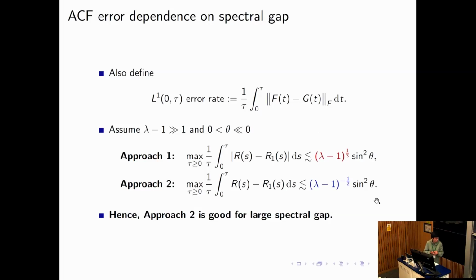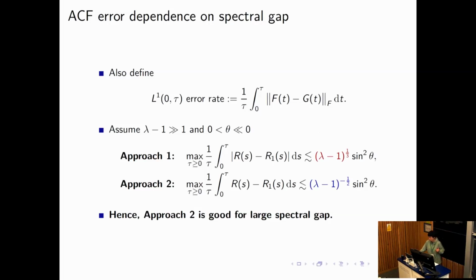In other words, if I have a system with larger time separation, then approach 2 will be much better compared to approach 1. In fact, approach 1, according to the analysis, even hurts, because the error of ACF increases when we have an increased eigengap.